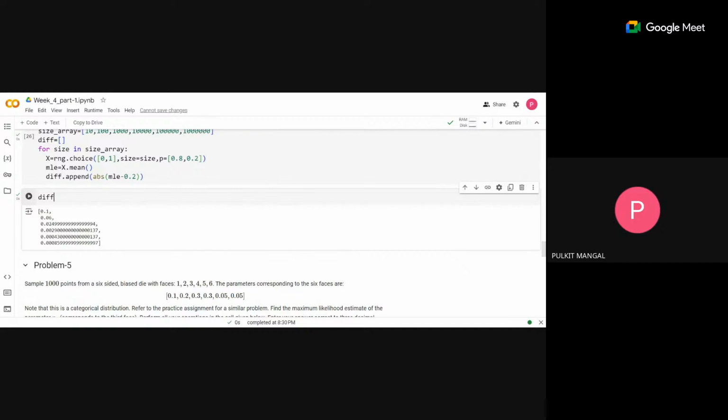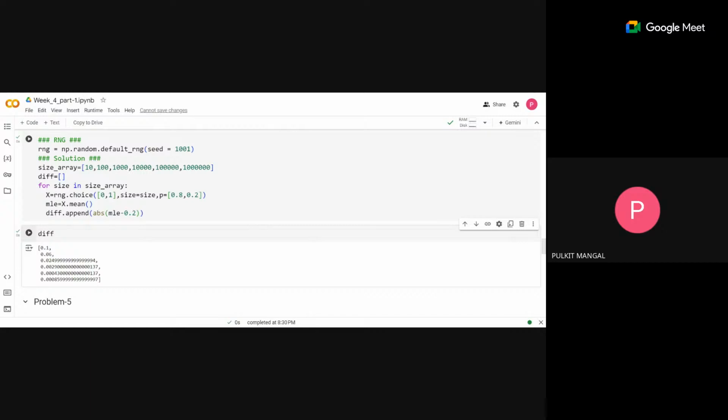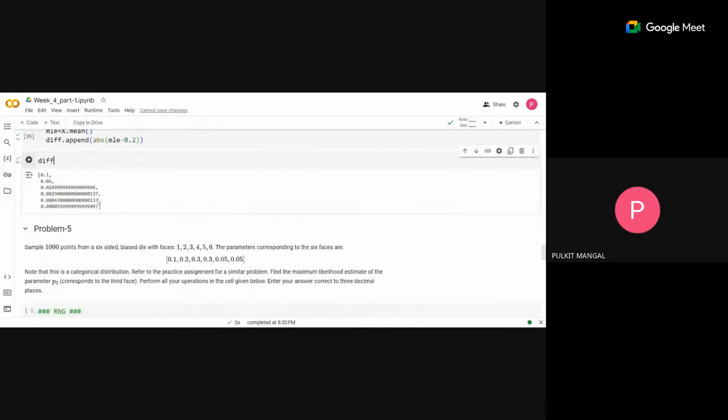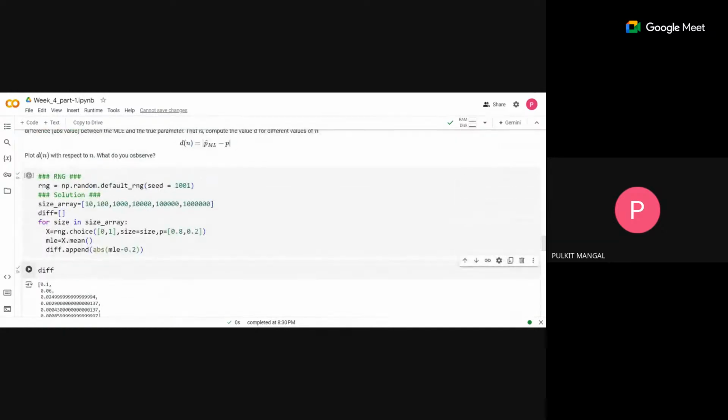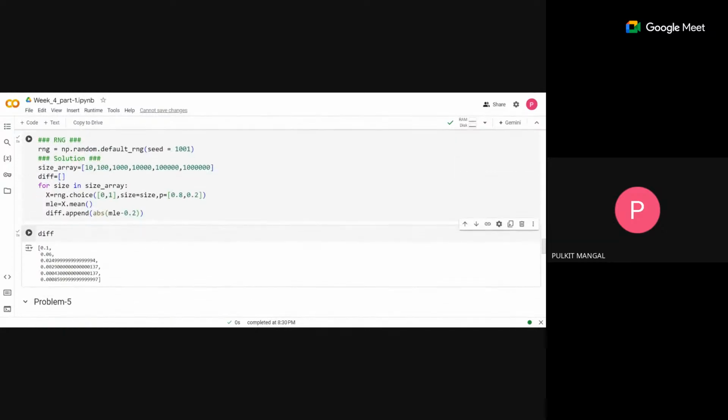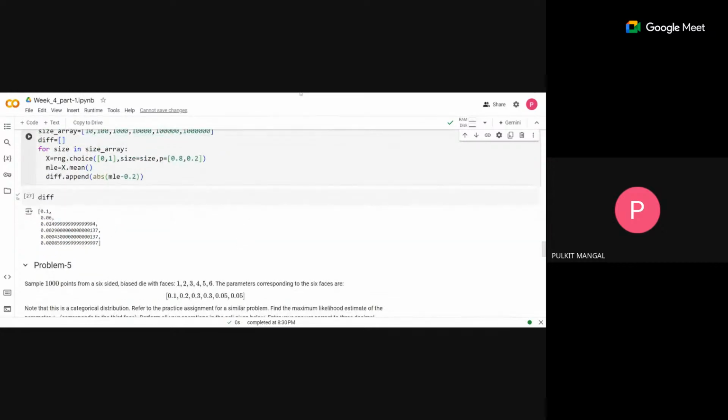Why did it increase here? I hope we haven't made any mistake. We'll see why it's happening. But usually that's the pattern it will follow: as you increase the number of data points, the value will keep on decreasing.